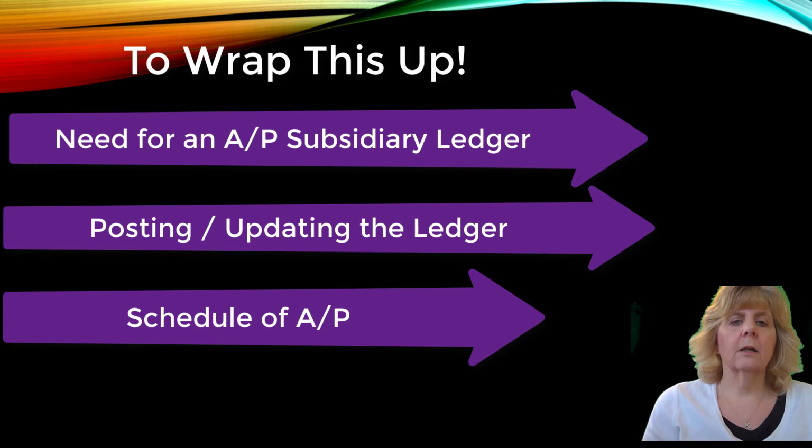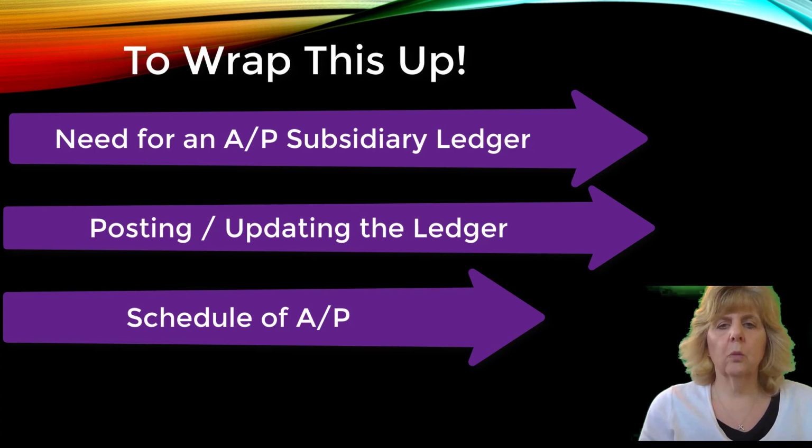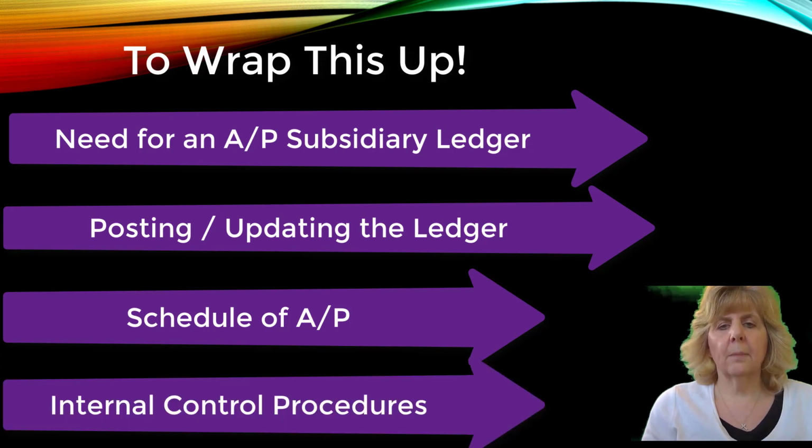We then talked about the balancing act, which was the schedule of accounts payable. In that schedule, we proved that the sum of the parts in the subsidiary ledger equaled the whole controlling balance in accounts payable. And we ended up the chapter talking about the importance of maintaining adequate internal controls.